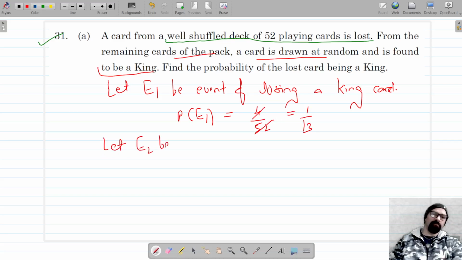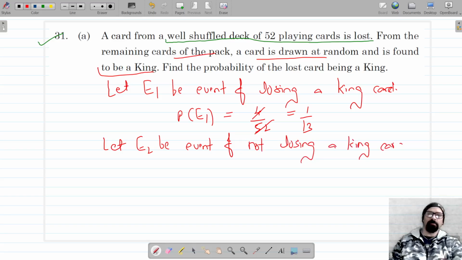Now E2 be the event of not losing a king card. So the probability of not losing a king card, it has to be from the non-king cards, and the total non-king cards are 48 out of 52, which gives us, with 4 we can cancel, 12 by 13.